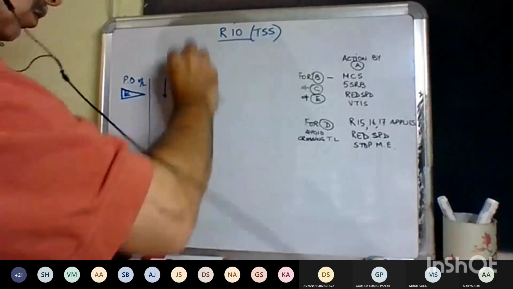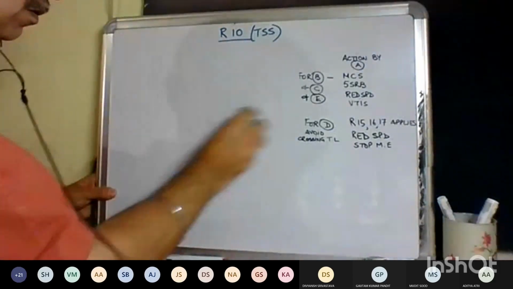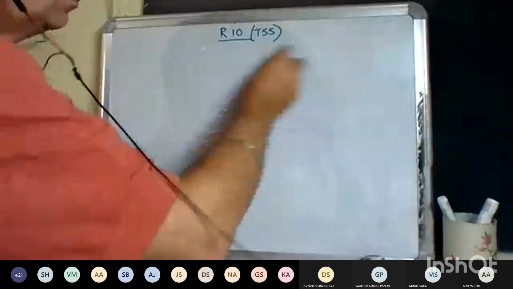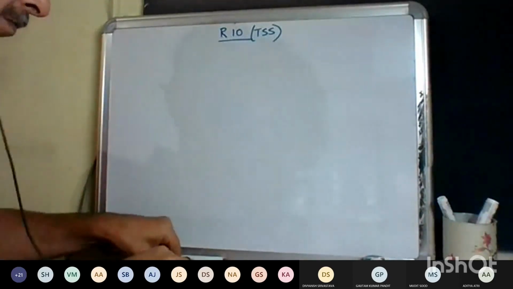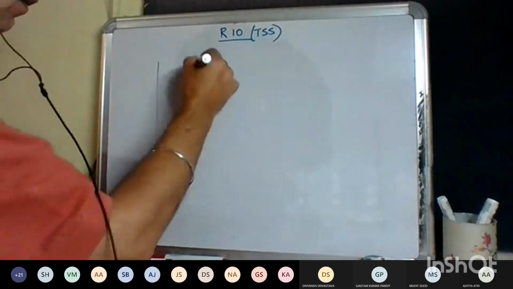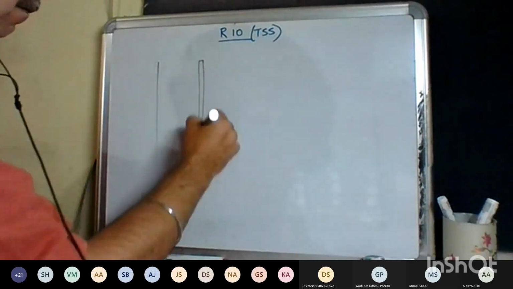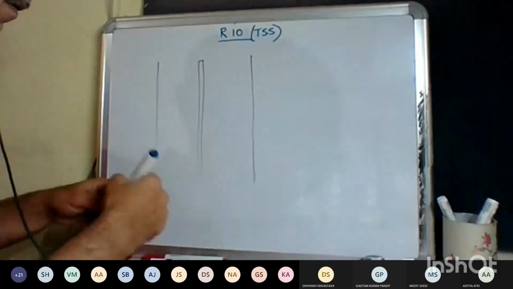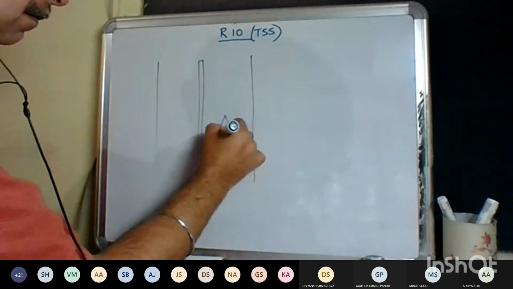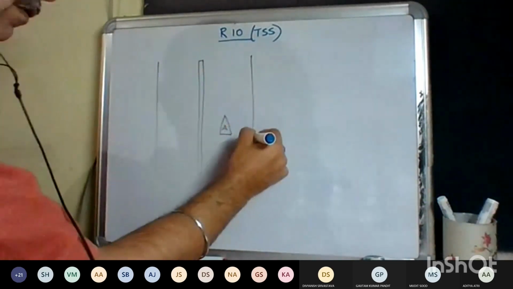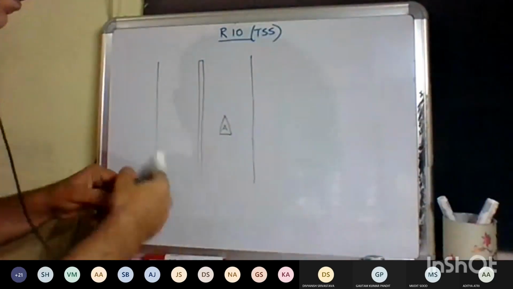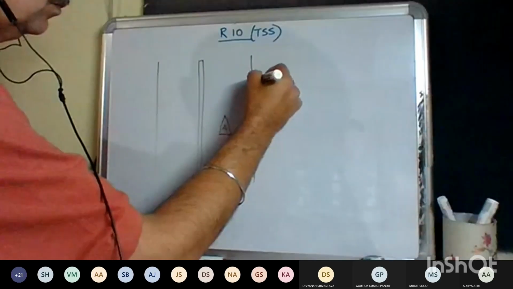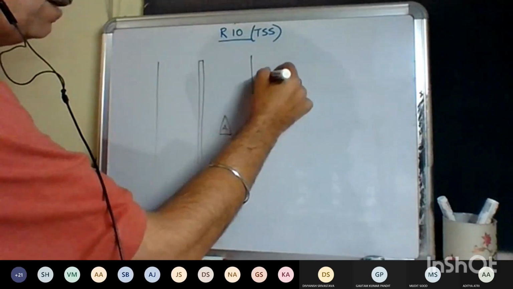So basically there is a situation, and this is my vessel Alpha, and this is a vessel Bravo, PD vessel.